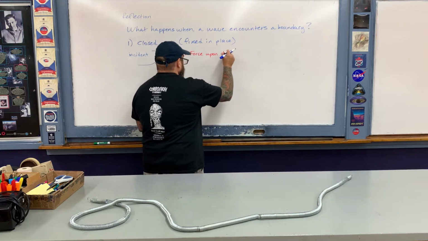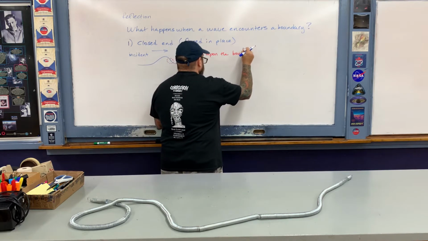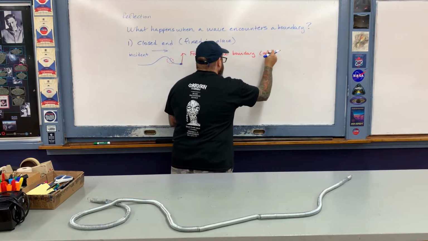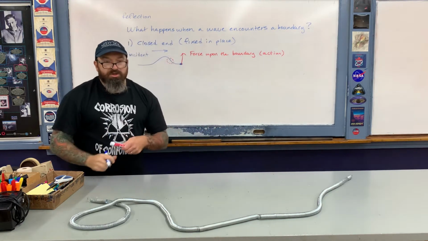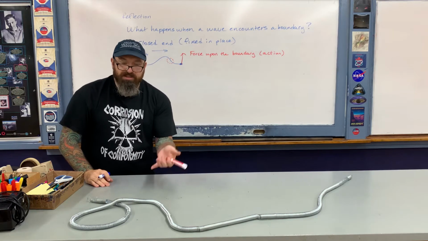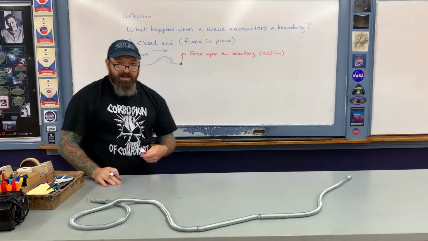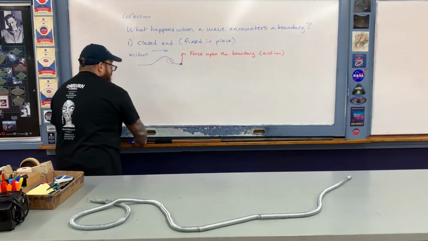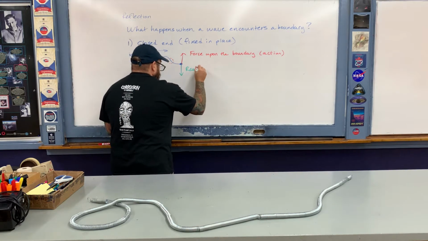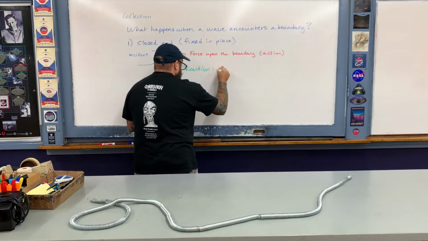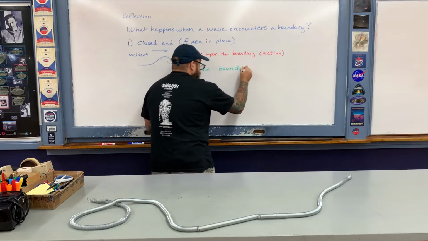Think of this as the action in the context of Newton's third law. Then the boundary, the person's hand if you will, pushes back in the opposite direction. I'll represent that here as a different color. So right here is the reaction.